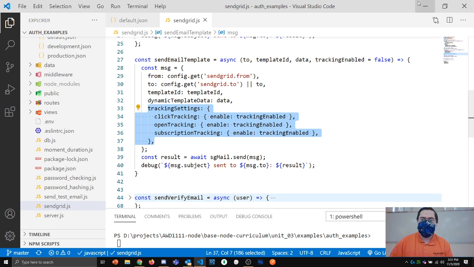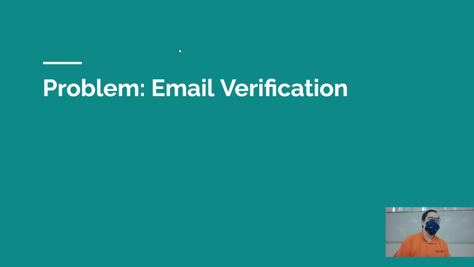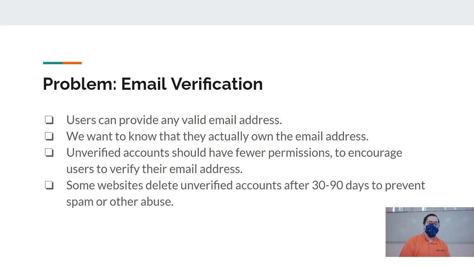So let's talk about the general process of a few different problems that you might want to solve with this. A common problem that you're going to run into is email verification. In general, when your users register an account, they can provide any email address, right? They don't necessarily have to provide one that they own. I could go out to a website and sign up as johndoe@example.com, but do I own that email?